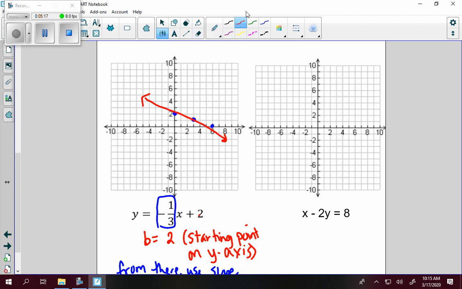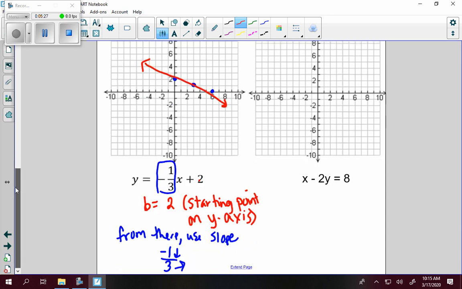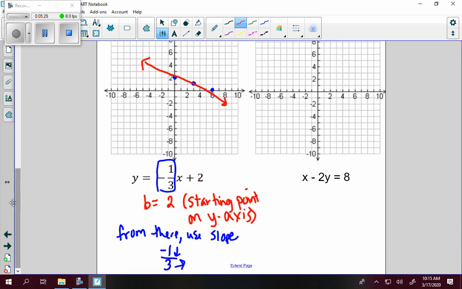All right. On my next equation, it's not in y equals mx plus b form. Now it's in x plus y as a number form. So we're going to substitute zeros in for x and zeros in for y. So when you do that, I have x minus 2y is 8.